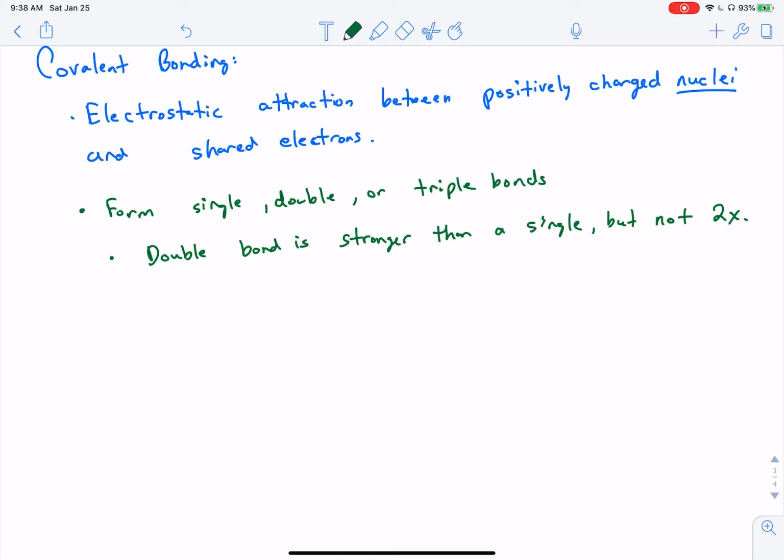You see all the different bond enthalpies in your data booklet, and you'll notice that a carbon to carbon, I don't remember off the top of my head, I think is 414, but a double bond is like 6 something, and so it's stronger, but it's not double that because they're not the same type of bond as you're adding more and more bonds.